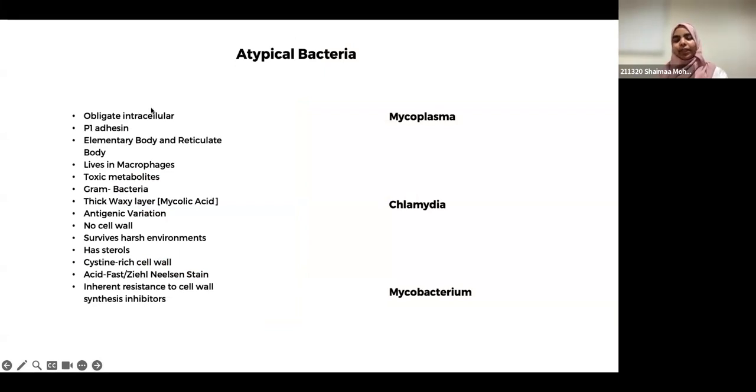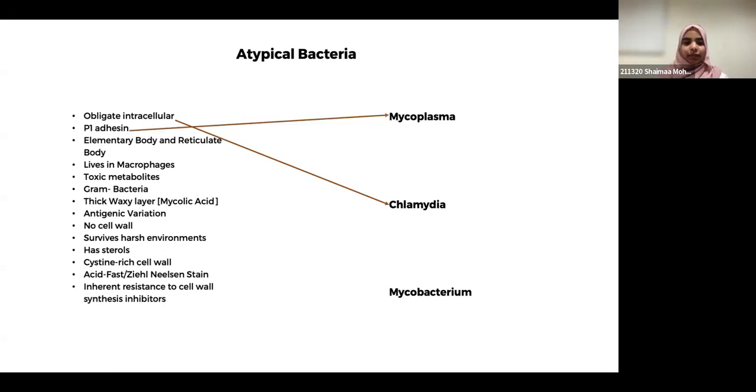So here, another match game, like matching. Which bacteria is an obligate intracellular? Chlamydia, okay. Which bacteria has P1 adhesin as a virulence factor? Mycoplasma, okay. Which bacteria has an elementary and a reticulate body?